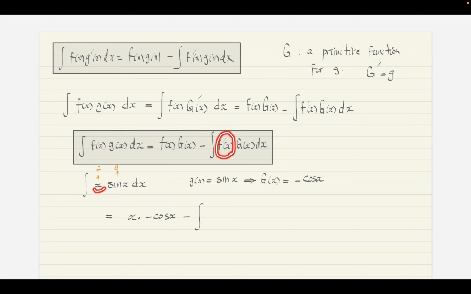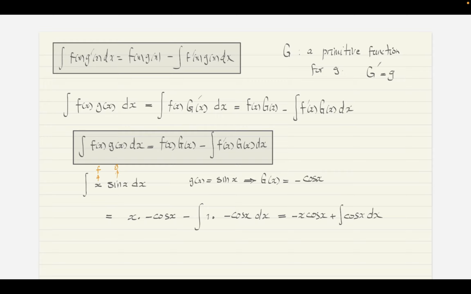F is x, so f prime is nothing except 1, multiplied by capital G, which is minus cosine x dx. Okay, so let me write it. This one becomes minus x cosine x. And this minus sign times 1 is minus 1, times this one becomes plus integral of cosine x dx.